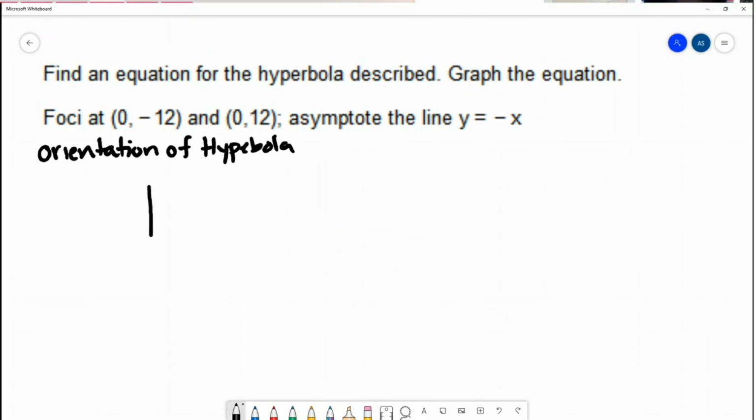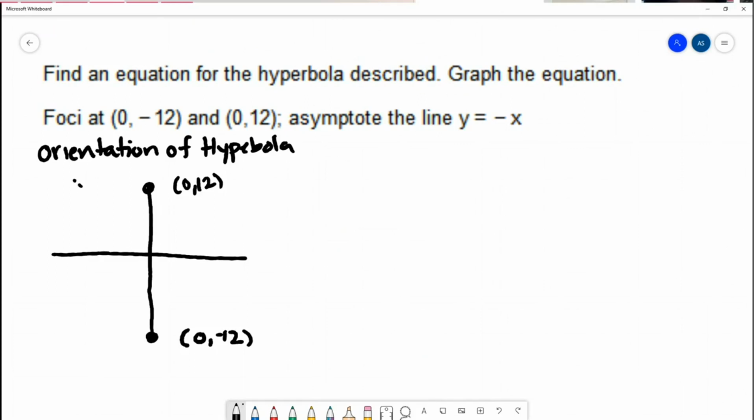To figure out the orientation, I usually start putting the information given on just a really rough sketch of the picture. So if I have foci at (0, -12), which might be around here, and (0, 12), maybe around here, and then I have y equals -x as my asymptote, which would be a line just about like this, with negative slope passing through the origin at (0, 0).